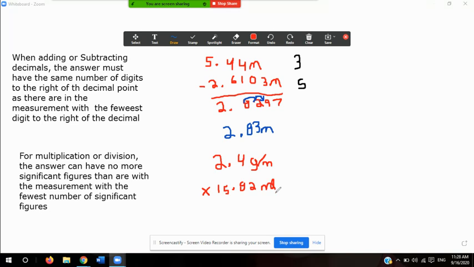Okay, that's supposed to be an L, but either way, 15.82 milliliters. And I forgot to write the L here, so give me 1 second.